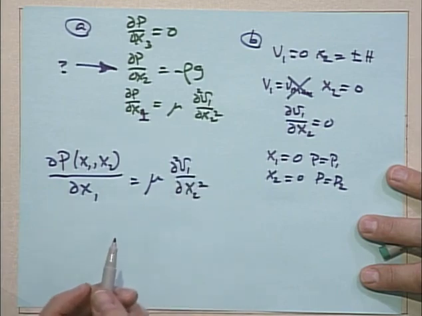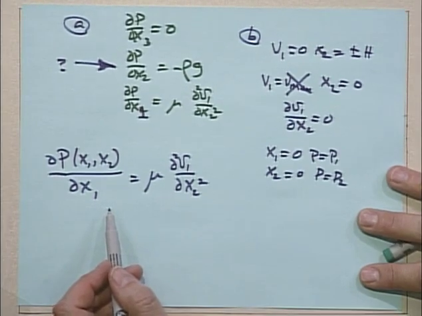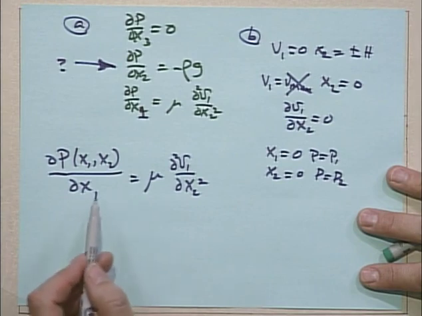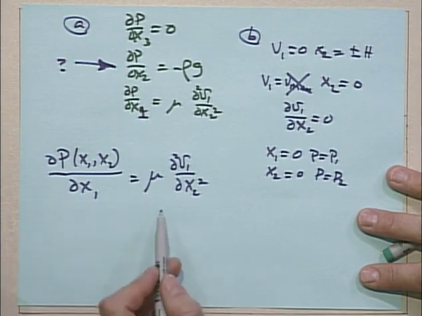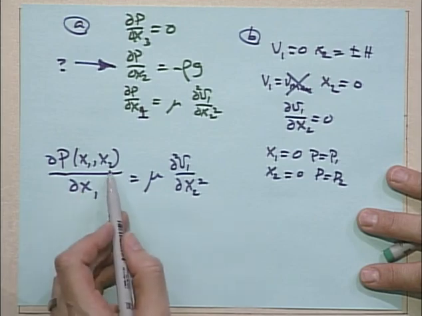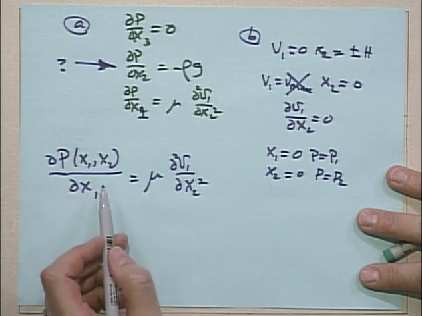To solve this equation, the usual way we solve Poiseuille flow is by separation of variables. Put everything that's a function of x1 on the left, everything that's a function of x2 on the right. And that's where this is giving us trouble. We're not actually able to separate the variables unless we neglect gravity.